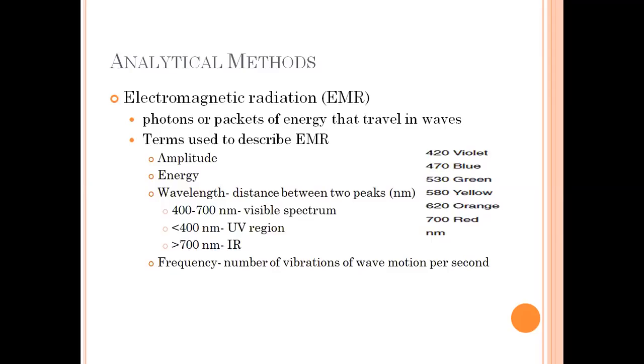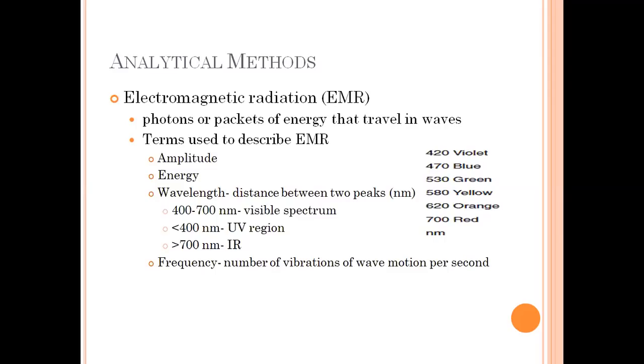Wavelength could range from 400 to 700, and we consider that as belonging to the visible region or the visible spectrum. If it is less than 400, that is under the UV region. And if the wavelength we use is more than 700, that belongs to the infrared region or the IR region.